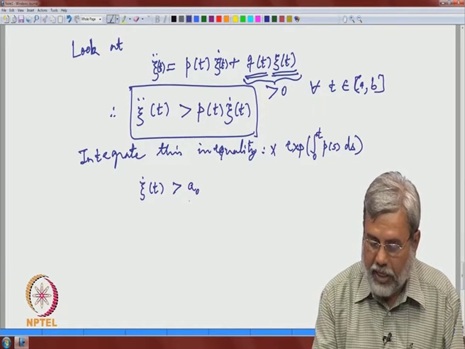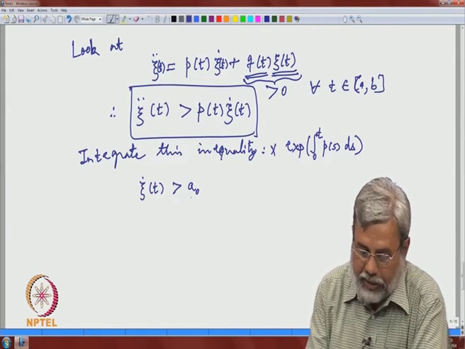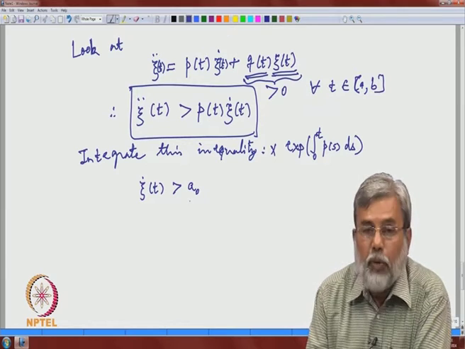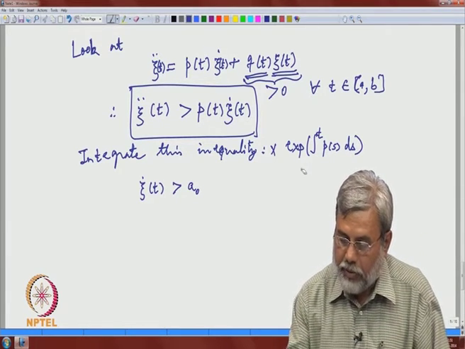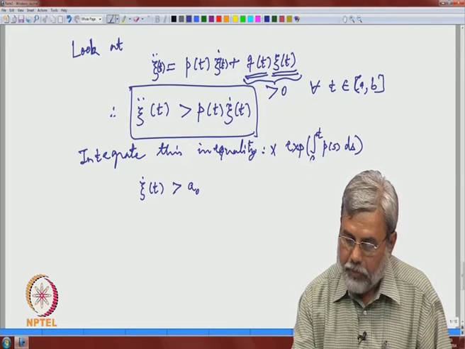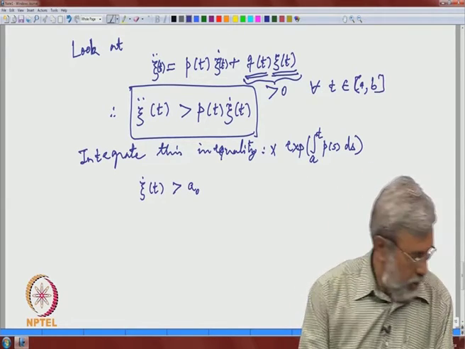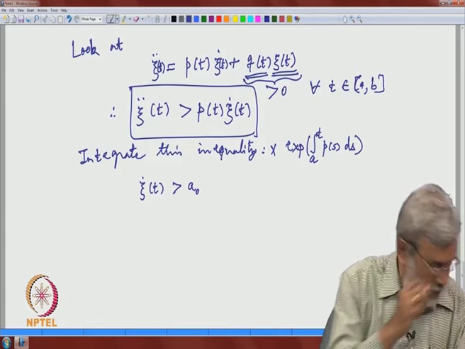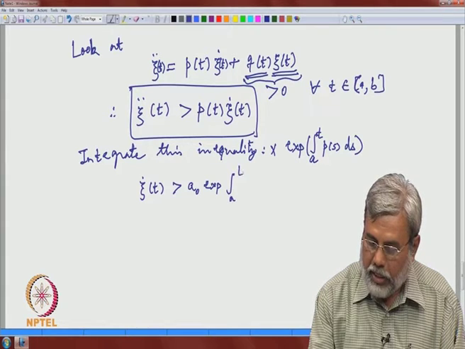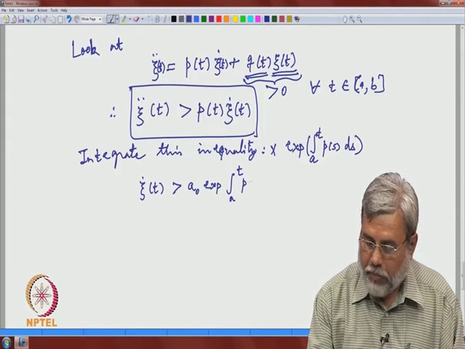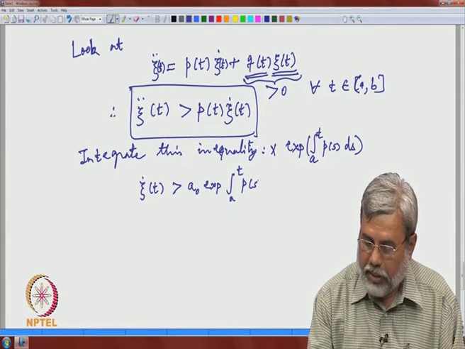This is coming from the condition xi dot a equal to a 0 here at a. So, our point is a. Okay. So, this is exponential a to t Ps, not Ps.